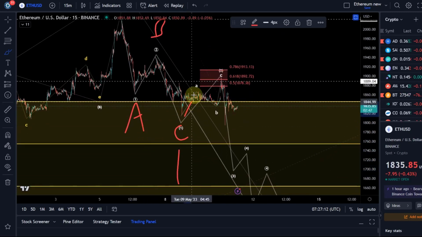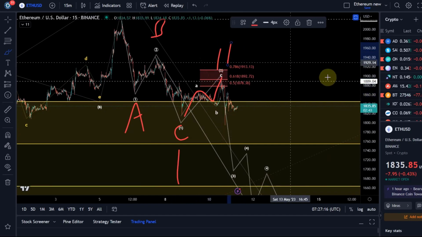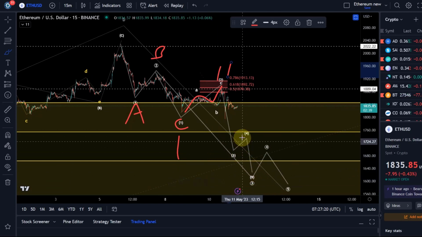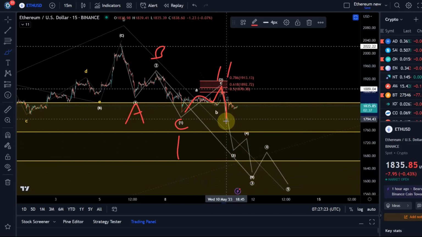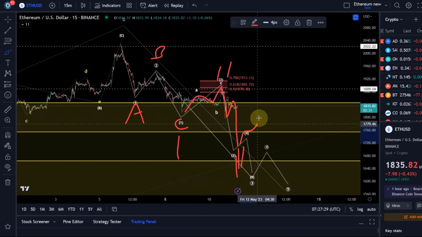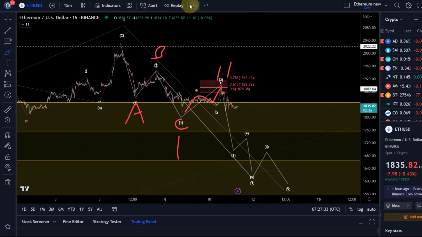Yesterday would have been an ABC in wave 2. That's unchanged. And we would then come down in wave 3, which would also be an A, B, C pattern, and then we would do the 4 and it would come down. Okay, so that's just how that works.